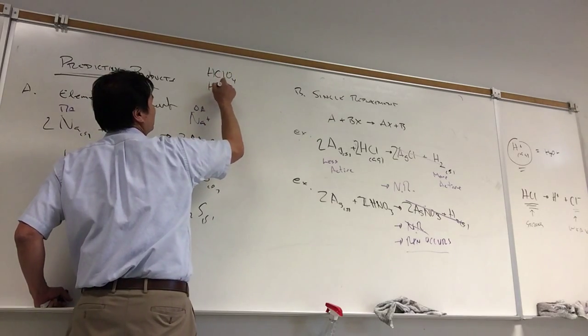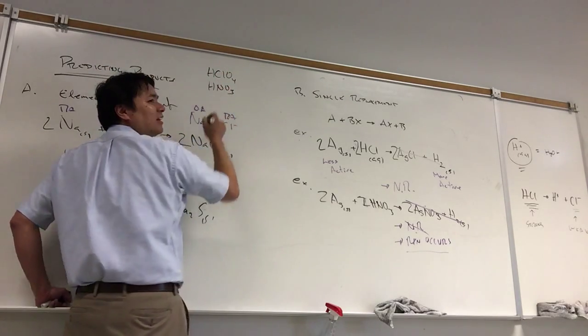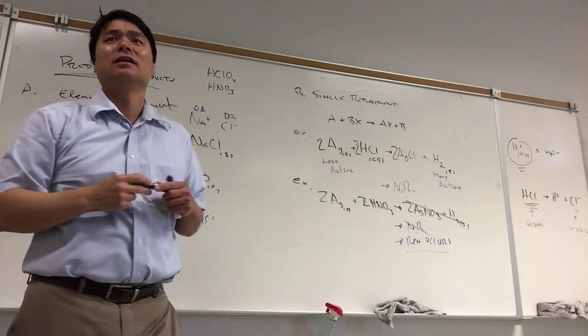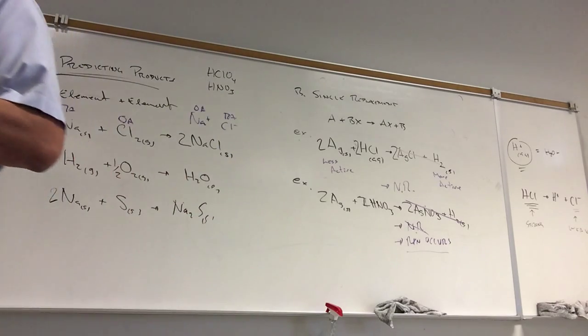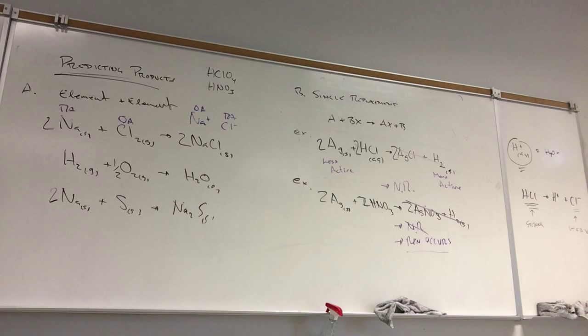Do you have something in your notes where we wrote down this? HClO4, HNO3. Is there anything? Doesn't it break up in the two?